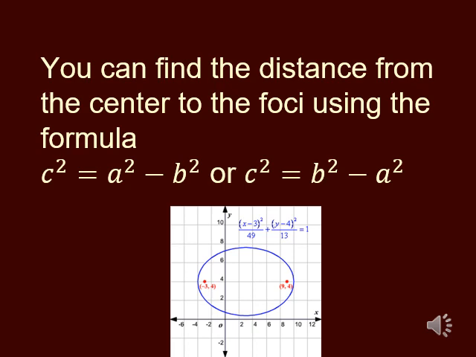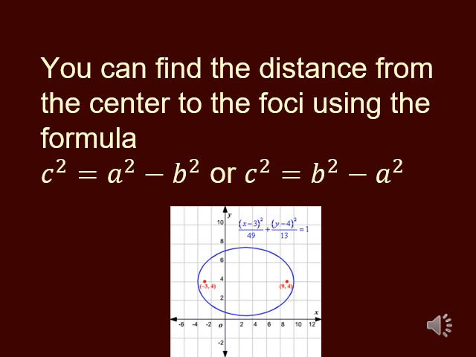That's saying if I look at the numbers that are here, to figure out how far it is from the center to the focus, I take 49 minus 13, subtract those numbers on the bottom of the fraction, and then take the square root. If you do that, I have the square root of 36, which is 6.